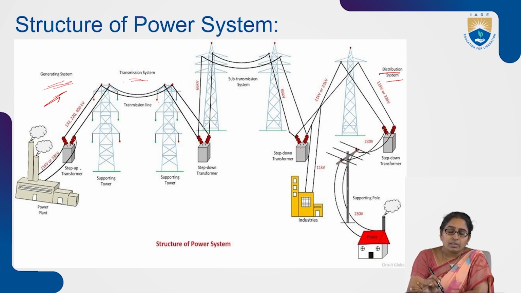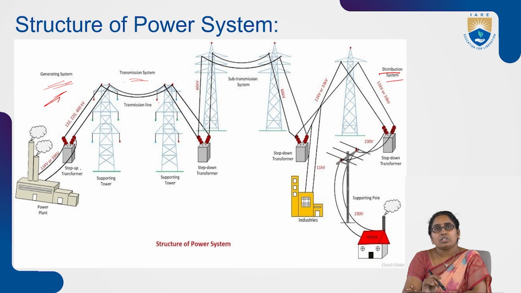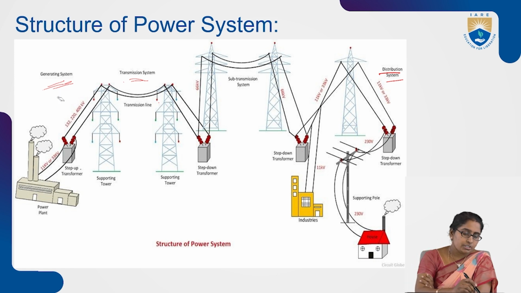For an industrial consumer it is stepped down to 11 kV. A domestic consumer requires single phase or three phase AC; for single phase AC it is stepped down to 230 volts using step down transformers, as seen in the figure. This is how power is transmitted and distributed from the generating station to the consumer premises. So this is the structure.